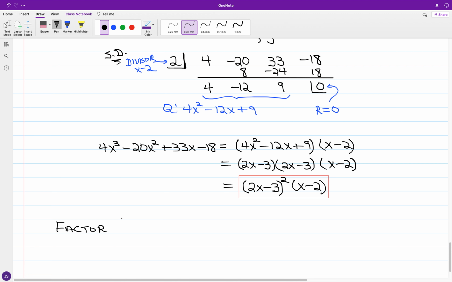But let's say we're factoring f of x equal to 3x cubed minus 41x minus 28, given that 4 is a 0.